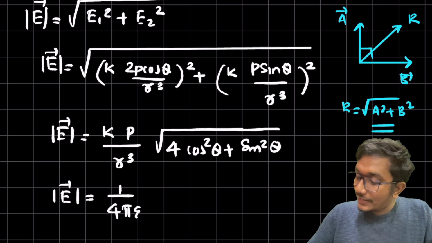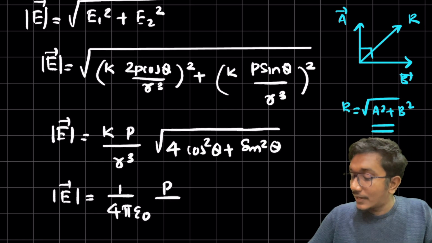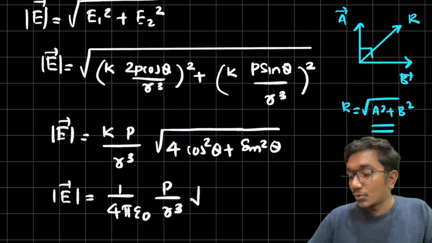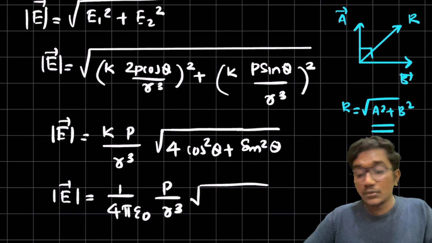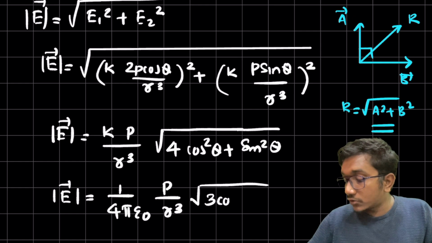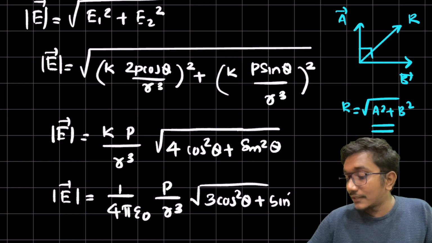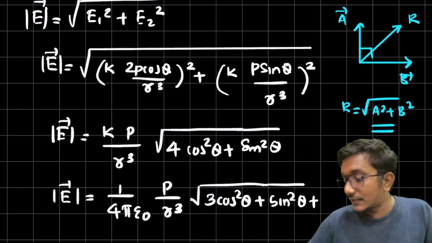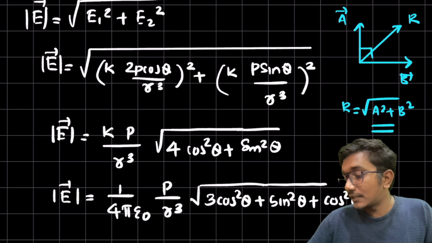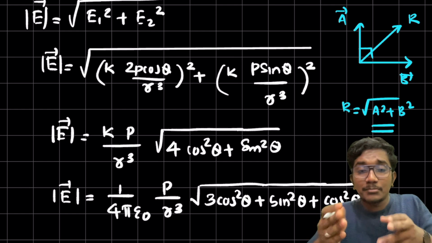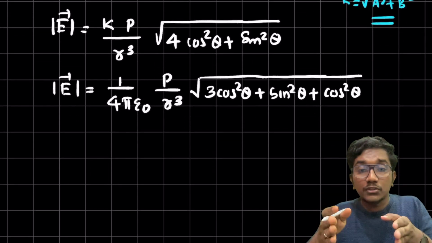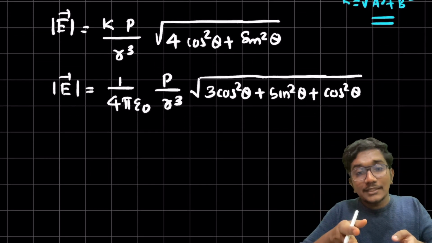E is equal to 1 by 4 pi epsilon naught P divided by R cube into root of, what is 4 cos square theta plus sin square theta? You consider one thing: 3 cos square theta, you take it here, then plus sin square theta, then one more cos square theta will be there, right? So cos square theta. So what did I do? I just made the 4 cos square theta into 3 cos square theta plus cos square theta.